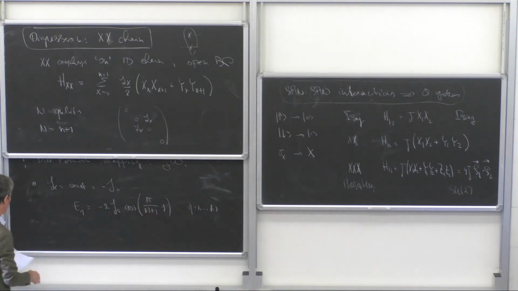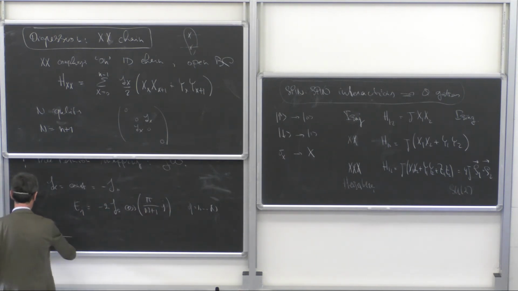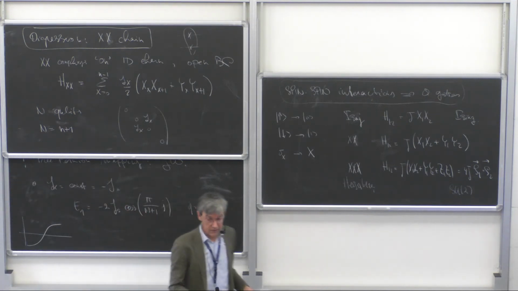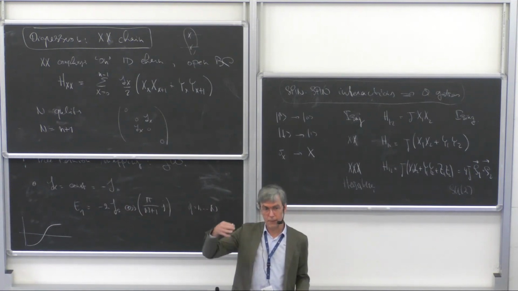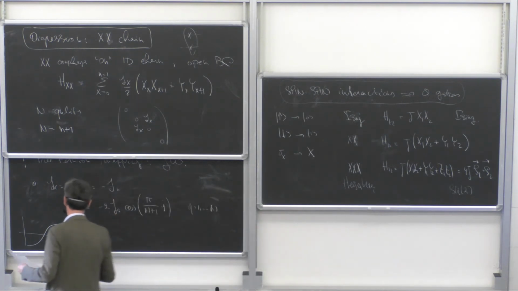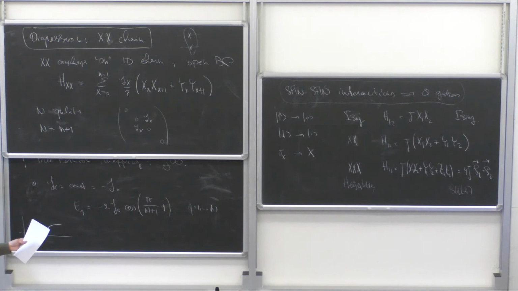It's a free, cosine dispersion that looks like this. It's one band with no interaction, so you can pile up excitations filling these bands, and that gives you all the energies. So it's completely standard, solvable, a free system with not much going on. There's a bunch of points on this cosine curve that give you the one-body energies between 2J_0 and minus 2J_0.